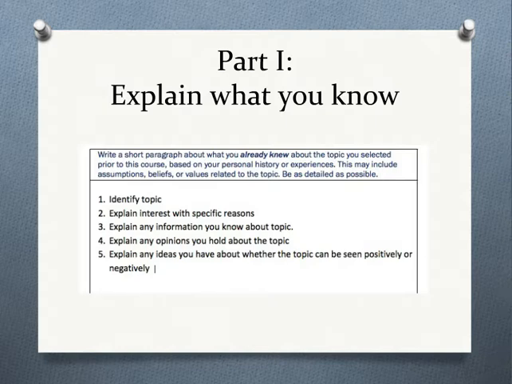Explain any ideas you have about whether the topic can be seen positively or negatively. While I do not believe that dropping the bomb on civilians was necessarily a good thing, I believe that it was perhaps the only way to end the war. So I just made up reasons.